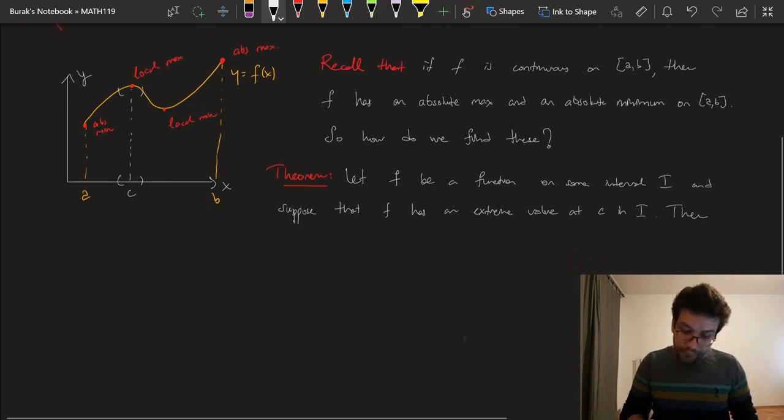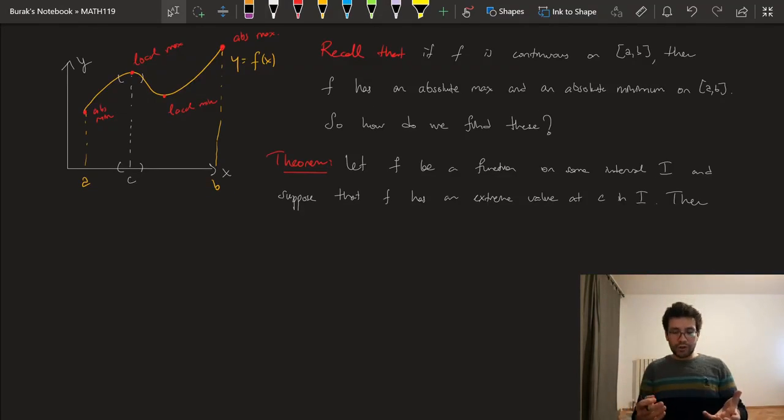okay, so I have some function, like let's first understand the setting before I state the theorem. I have some function defined on an interval. This interval need not be a closed and bounded interval. It may be an open interval. It may be unbounded. It can extend to infinity. It's an interval, okay? And for some point C in that interval, I am assuming as hypothesis of the theorem that my function f has an extreme value.